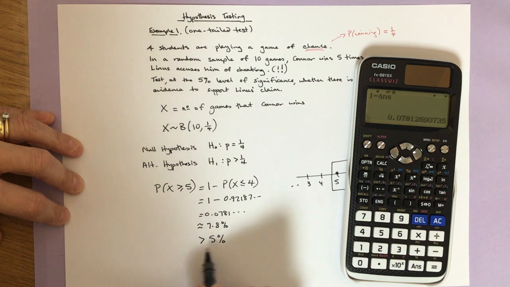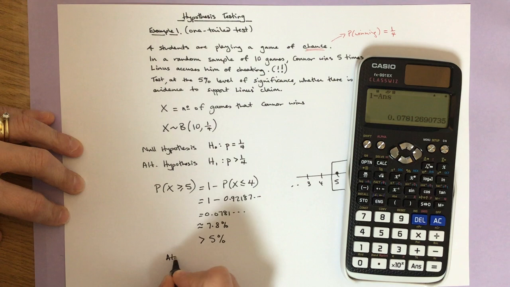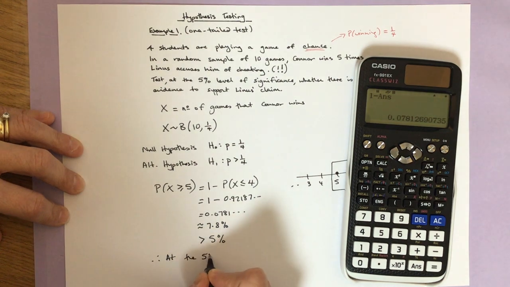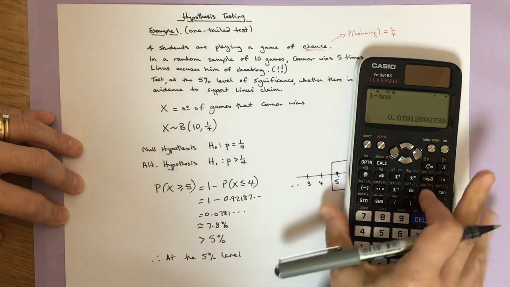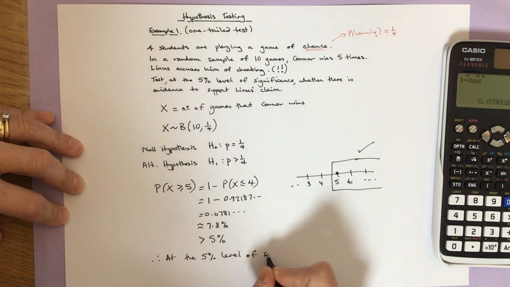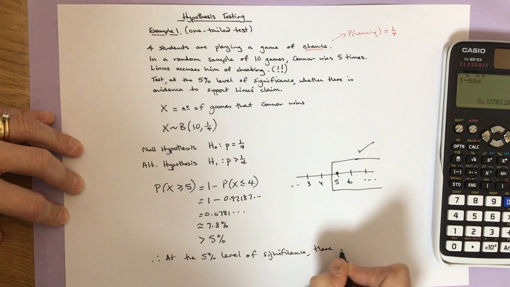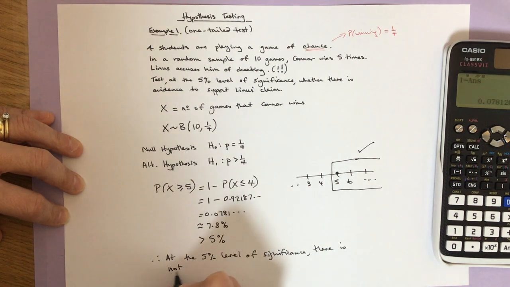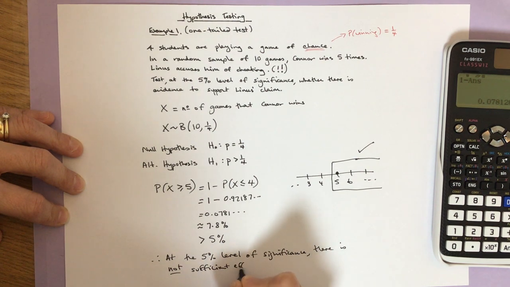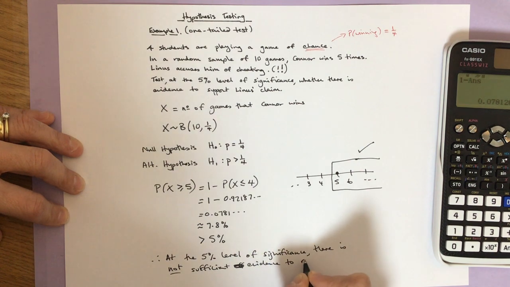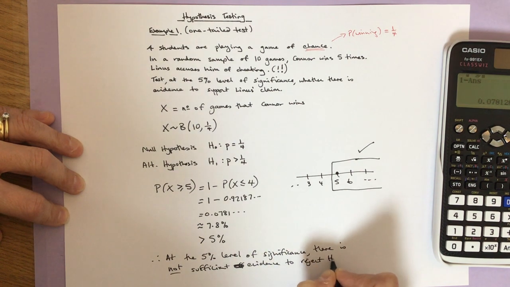Okay, and what we should do at the end of this is write some sort of sentence here. So here we would say, therefore, at the 5% level of significance, there is not sufficient evidence to reject H0.